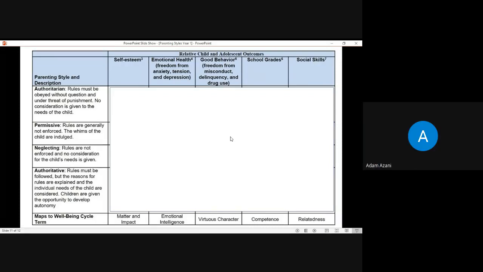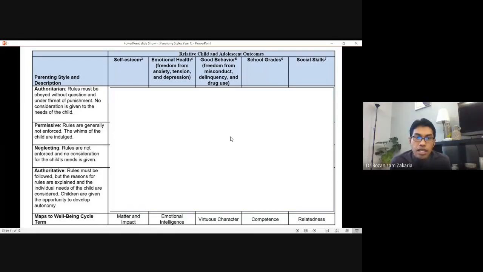Okay, if we look at something else, emotional health. For neglecting parenting, do you think emotional health is positive or negative? Negative. Okay. Behavior for authoritarian, positive or negative? Positive. So they can have positive behavior because of the control that the parent has, right? For neglecting, negative, because there's no rule.